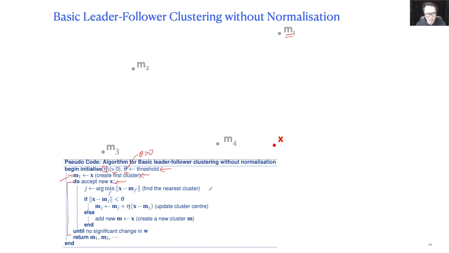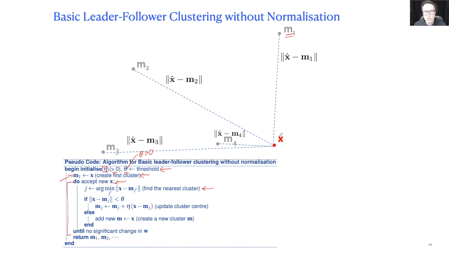In this line, we find the nearest cluster, that means we classify this new sample X. We find the distances, X hat minus M1, X hat minus M2, M3, M4, and find the smallest distance. That is the winner, M4. So j in this case is 4, because X hat and M4 produce the smallest distance.